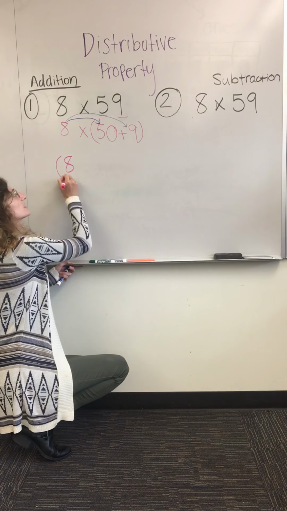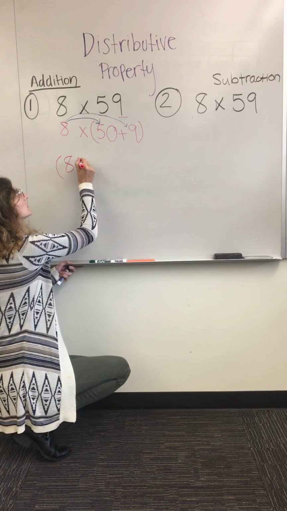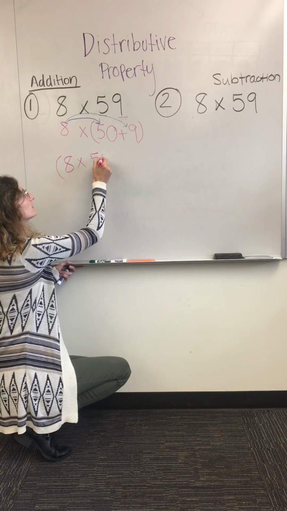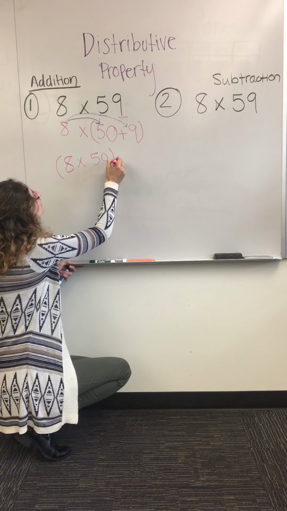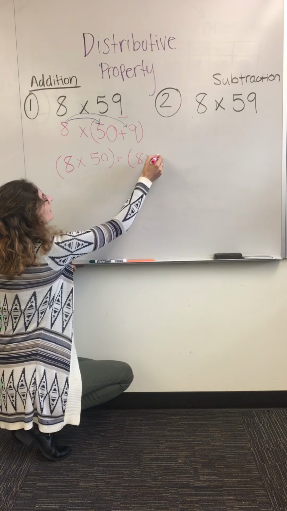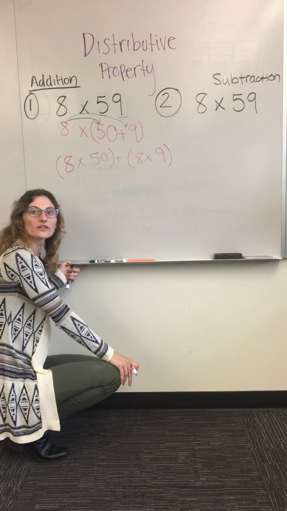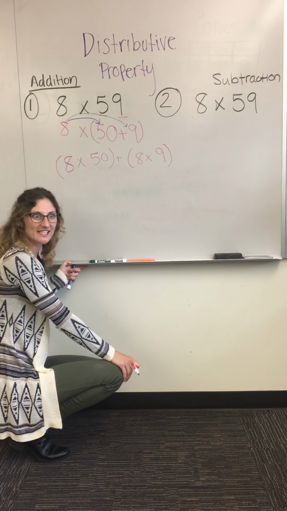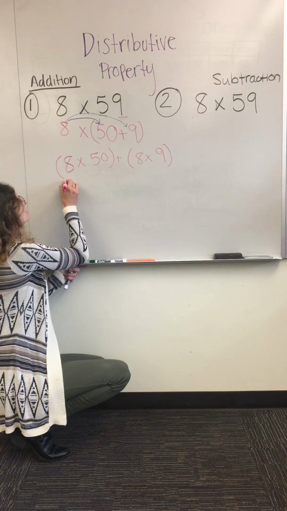I'm going to put it in parentheses, 8 times 50 plus 8 times 9. And if we're working with the Please Excuse My Dear Aunt Sally, the P stands for parentheses.